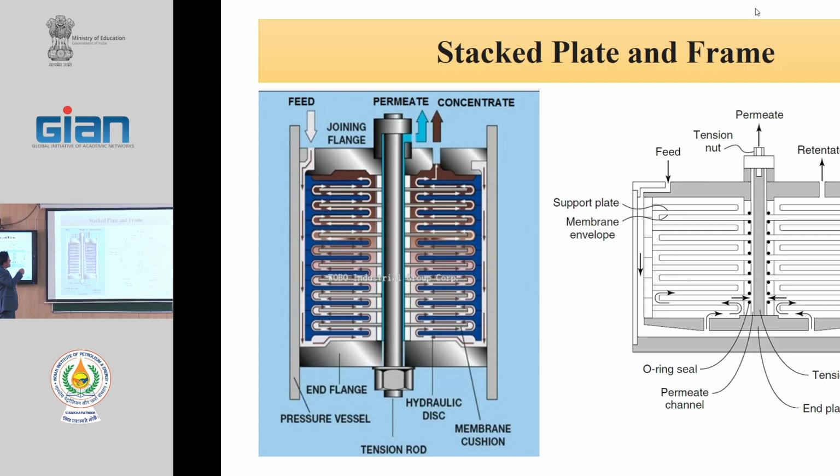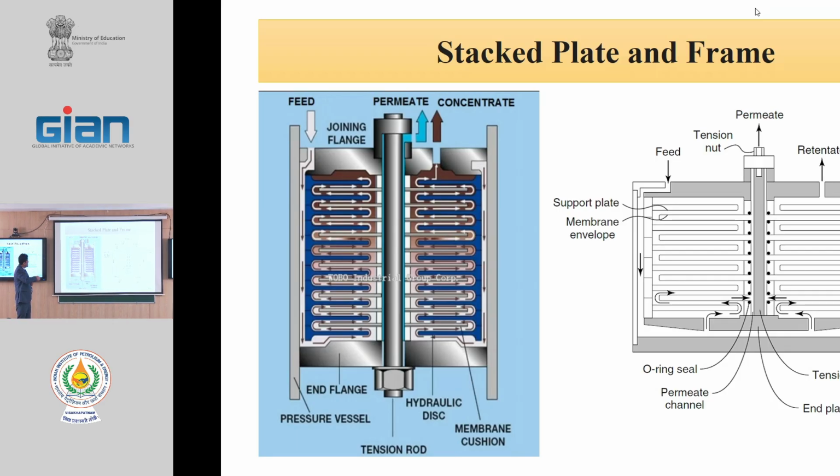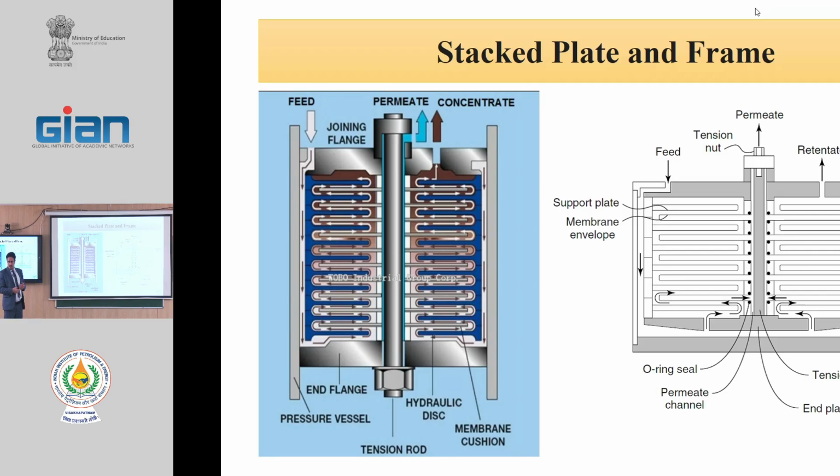And this module is rotary. When we have this rotation around this central pipe, this rotation causes agitation, and this agitation reduces the fouling and the need for cleaning of this membrane.